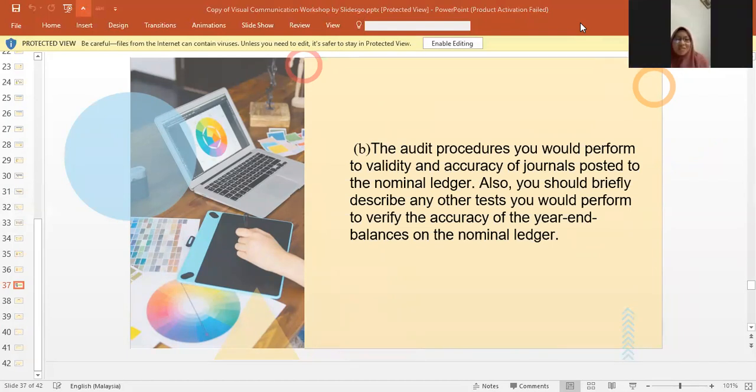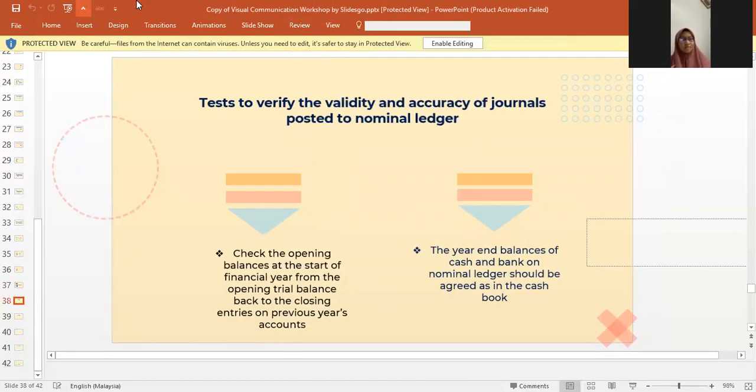So next, I will present the next question of this purchase case, which requires us to give audit procedures to verify the validity and accuracy of journals posted to the nominal ledger. The first one is about tests to verify the validity and accuracy of journals posted to the nominal ledger.